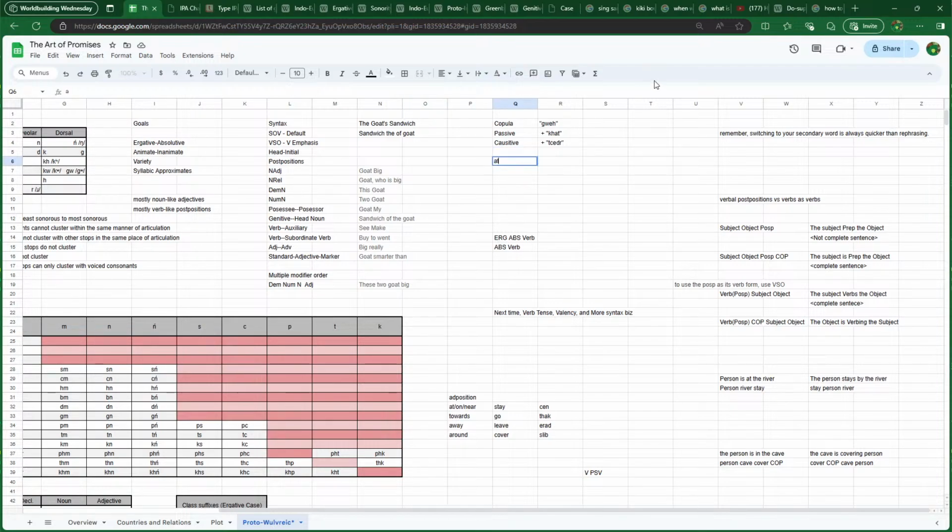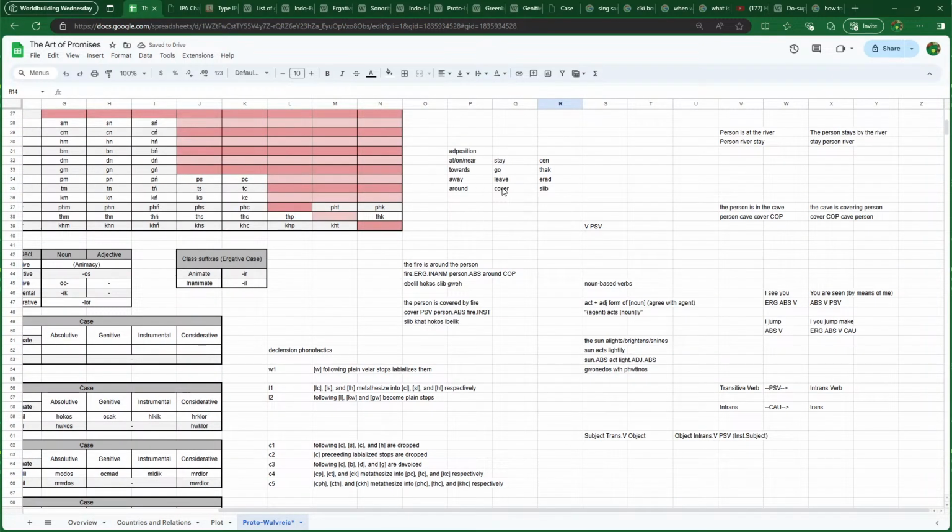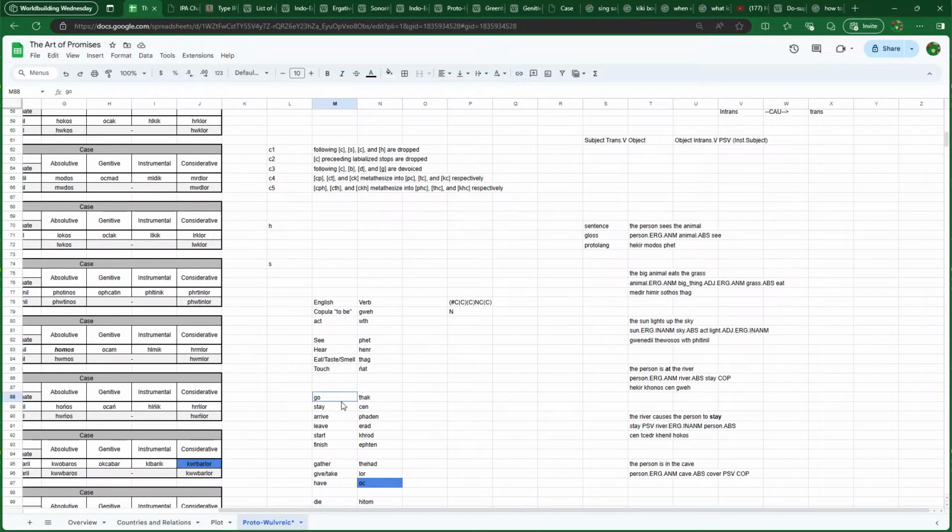At, on, near, towards, away, around. Oh, and then towards go.